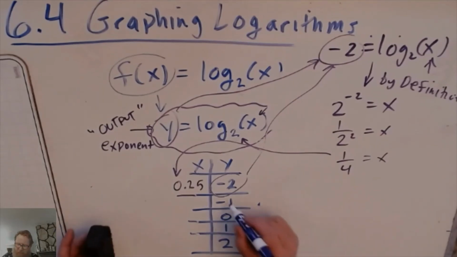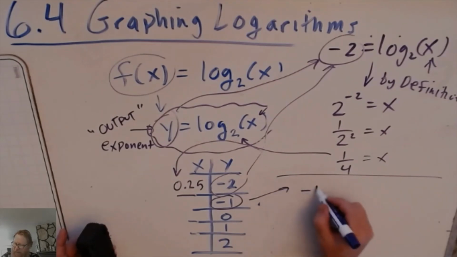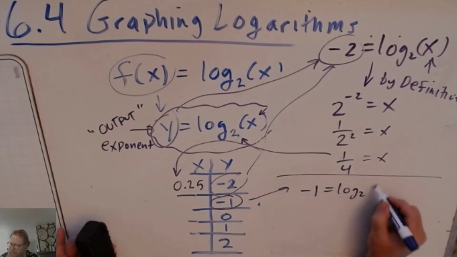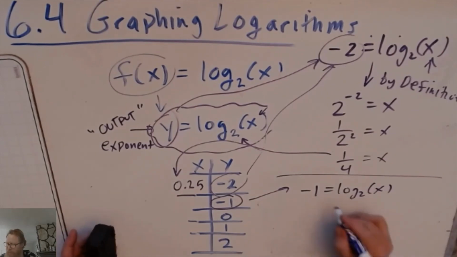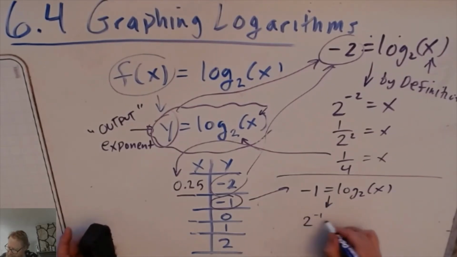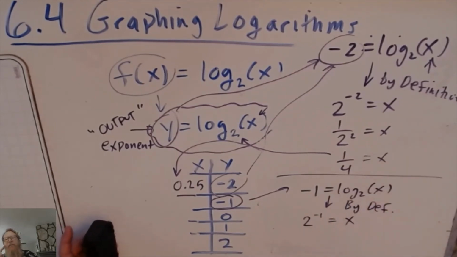All right, do the same thing for -1. You're going to have -1 equals log base 2 of x. And I want to figure out what x is. So by definition, the definition says if log base 2 of x is -1, well then 2 to the -1 must be x.